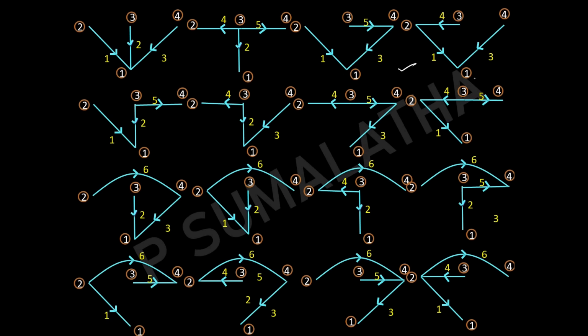So you can see I have given all 16 possible combinations for the given graph. Like that we can do it for any given graph without forming any closed path, by considering that the number of twigs of the tree will be equal to n minus 1, and the number of nodes present in the tree will be equal to the number of nodes present in the graph. This is how you can represent the tree for any given graph.